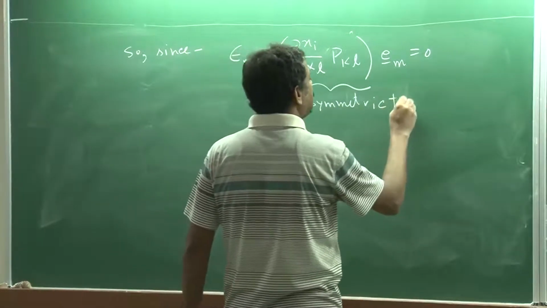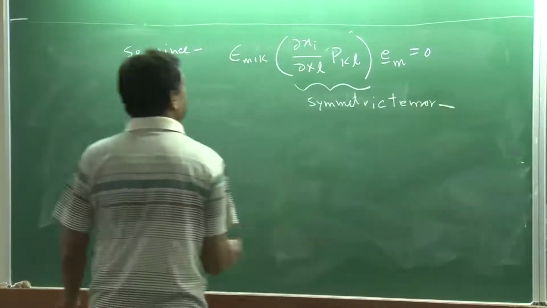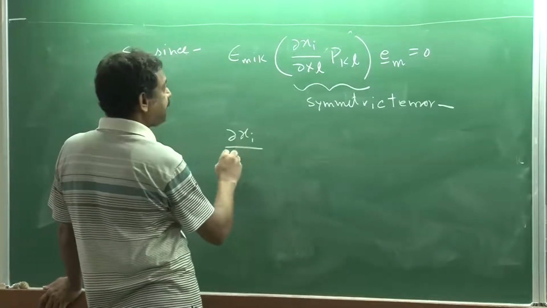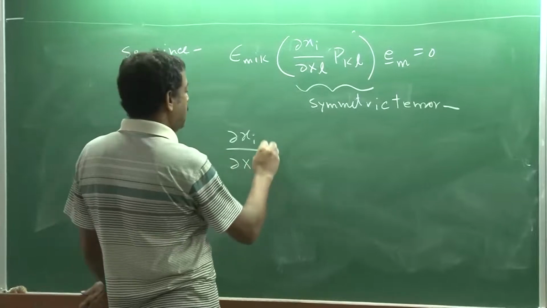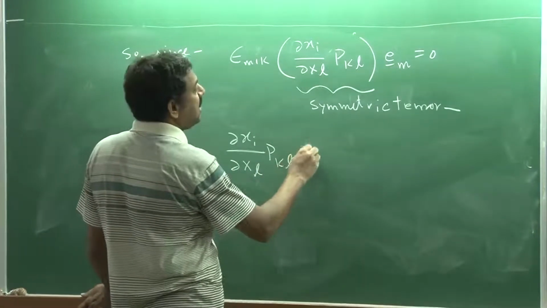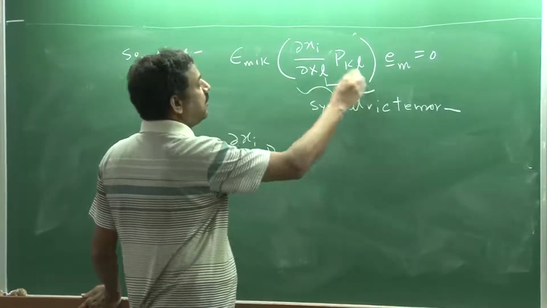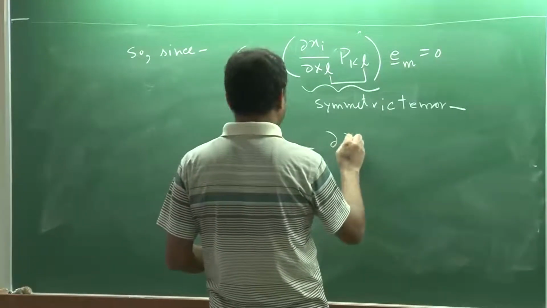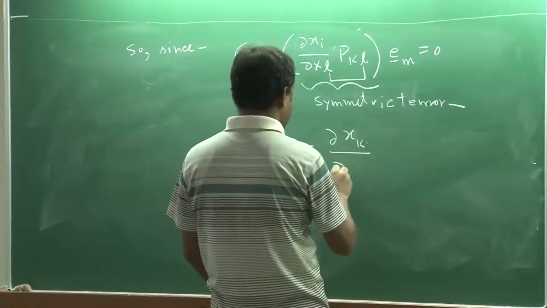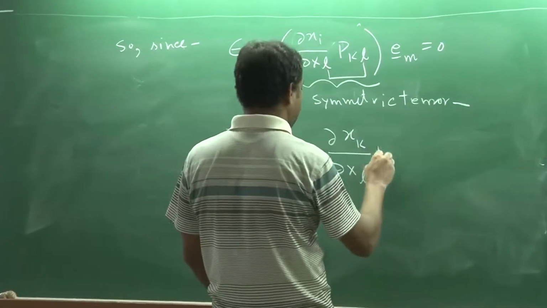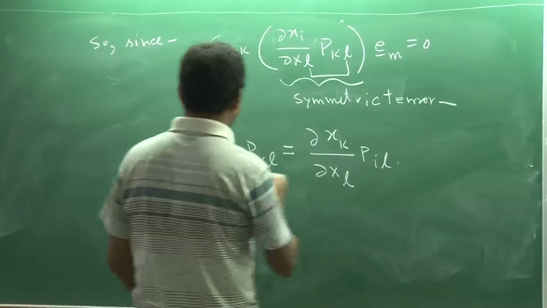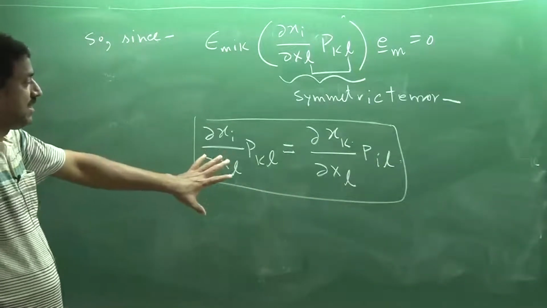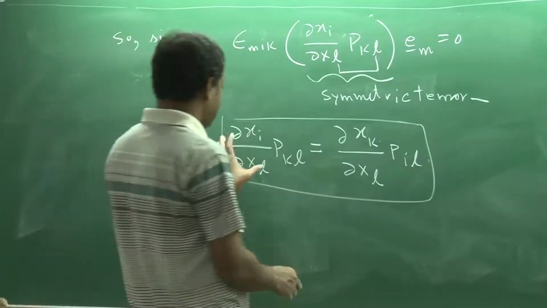So, you can see that del x i by del X L, P k L. You see this is a repeated index L. So, i and k we can shift for symmetric: del x k by del X L, P i L. Please see this relationship.